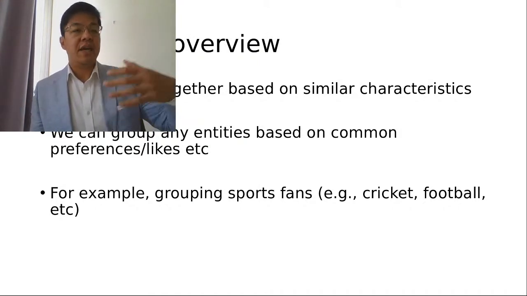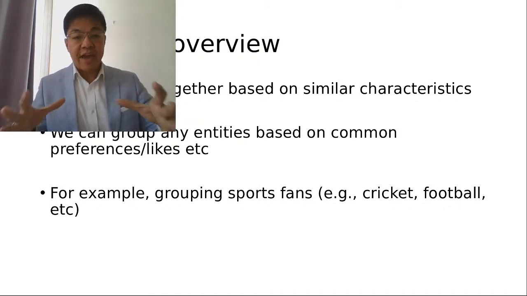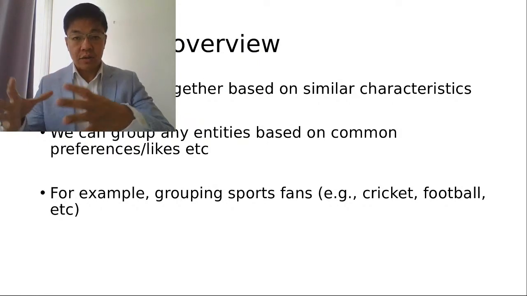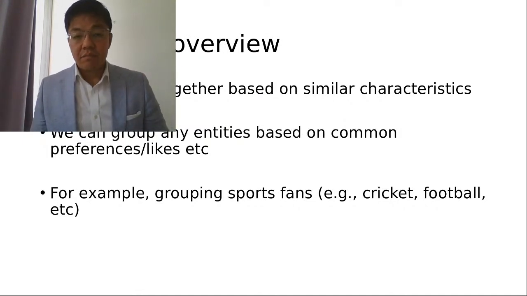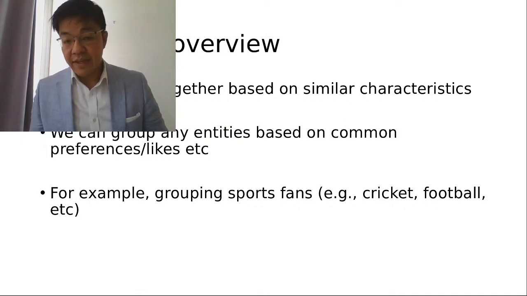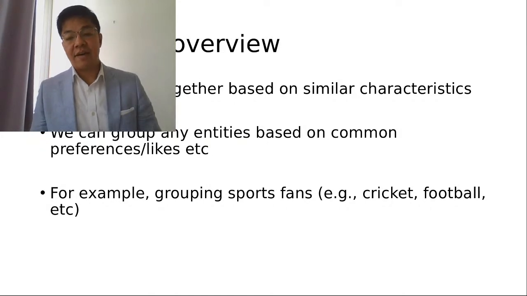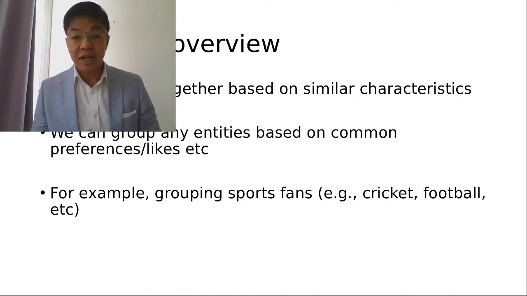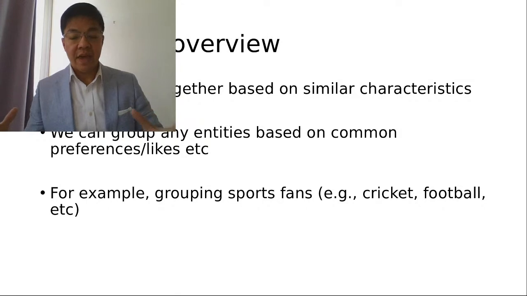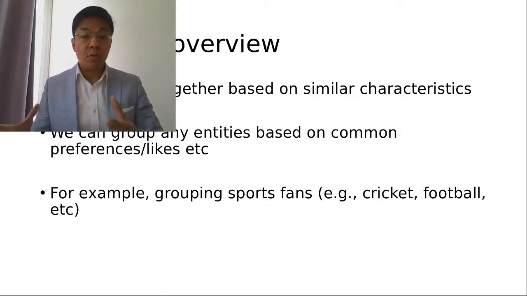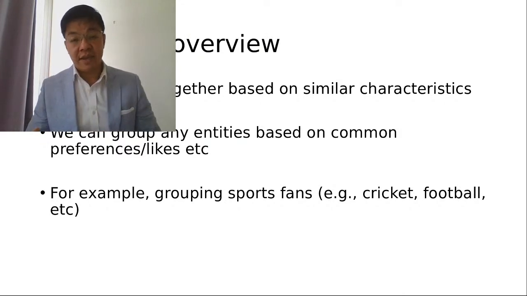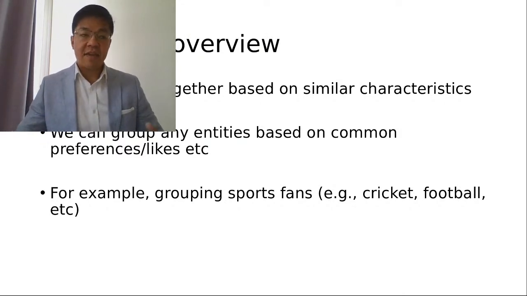Sort of like when you go about in everyday life, we group things together based on common things, don't we? In this case, we could group people in terms of whether or not they are fans of cricket, whether they are fans of Sachin Tendulkar, or we could also group them in terms of whether or not they are football fans, and if so, we can group them in terms of whether they are Man United fans or Chelsea fans.